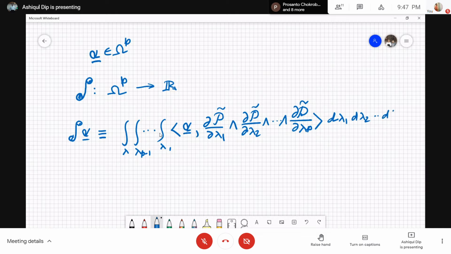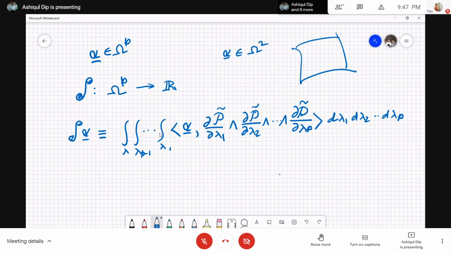So what it means is, say alpha is a two-form, a particular case. Now this can be integrated on a two-dimensional region only. So say this region, this two-dimensional carpet, on which you can integrate alpha.